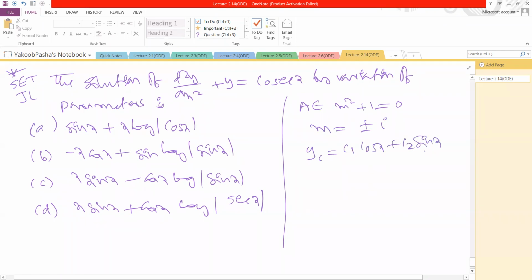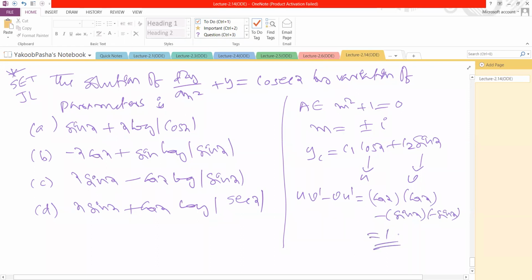This is the complementary function. Now this is u and this is v. So u v dash minus v u dash value is cos x into cos x minus sin x into minus sin x, which is equal to cos square x plus sin square x.